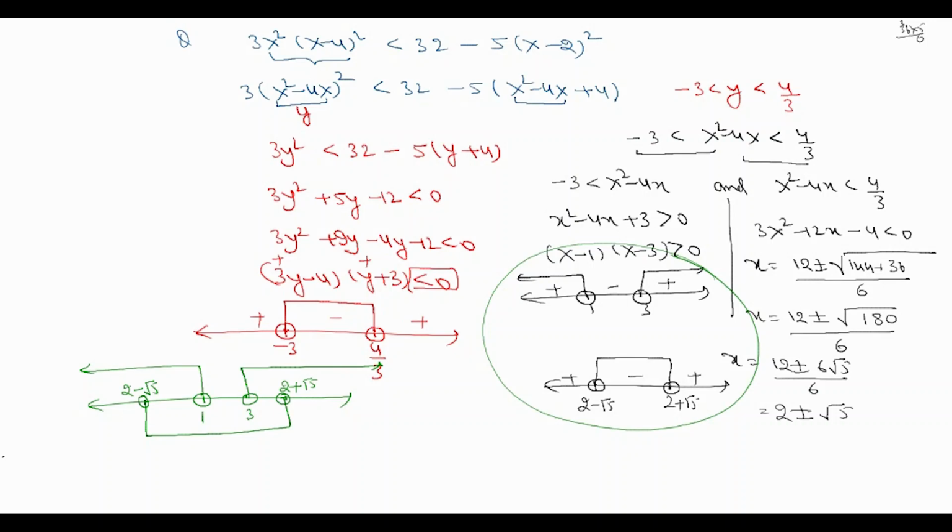So the interval where both the conditions exist simultaneously is first interval and then this is second interval. So answer to this question will be x belongs to 2 minus under root 5 to 1 union from 3 to 2 plus under root 5. So that is the answer to this question.